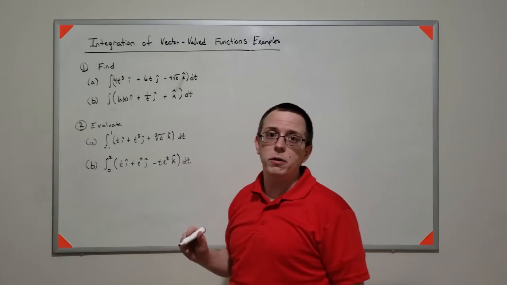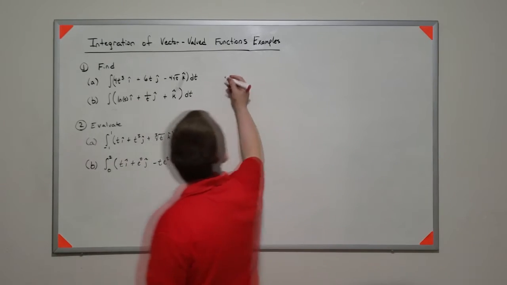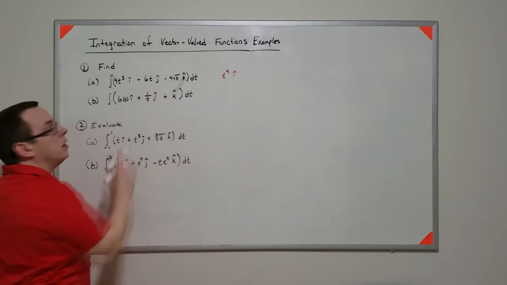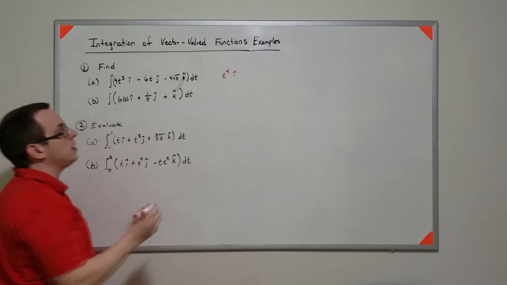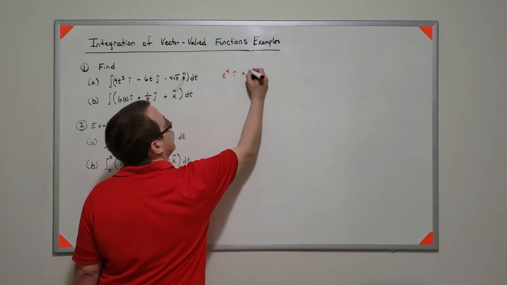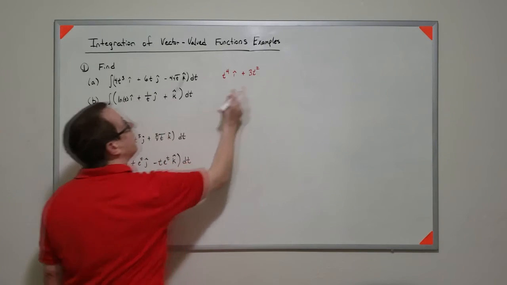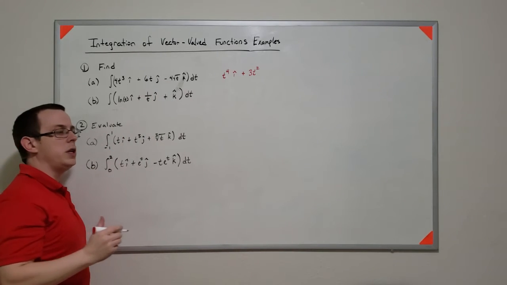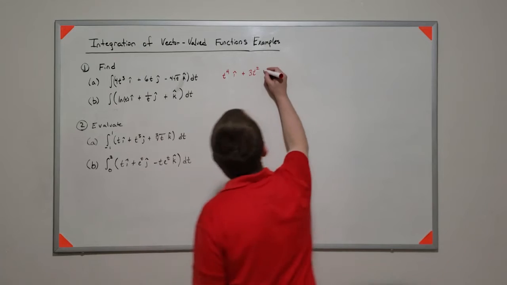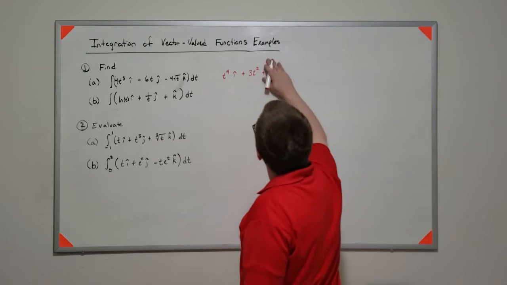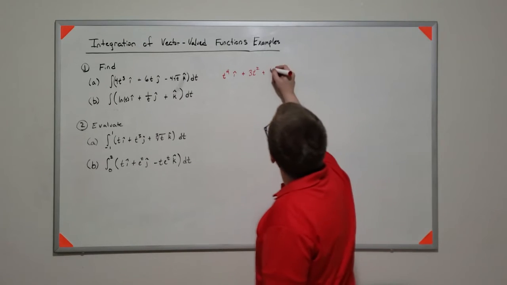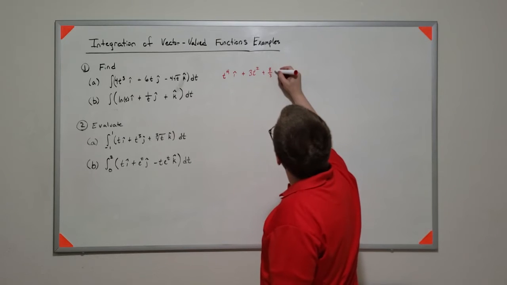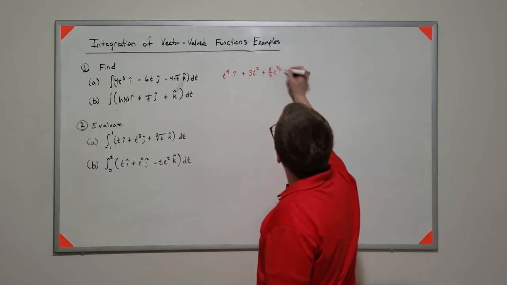So the antiderivative of 4t cubed is t to the fourth. The antiderivative of 6t is 3t squared. And the antiderivative of 4 square root of t is 8/3 t to the 3/2.